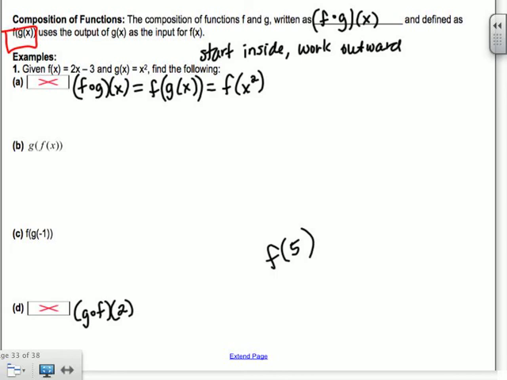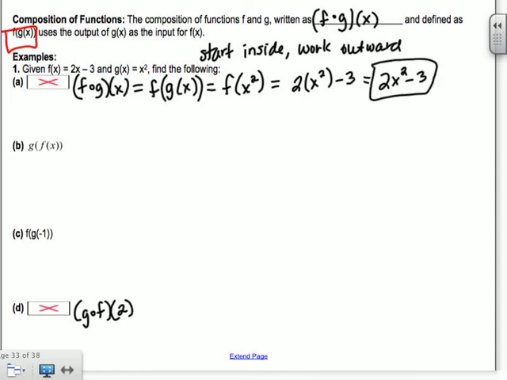You'd go to your f function and you'd replace x with 5, right? Same thing here. So if I have f of x squared, I'm going to go to my f function, and wherever I had x before, I'm going to replace it with x squared. So I'm going to get 2 times x squared minus 3. So it's just 2x squared minus 3. And that's it.